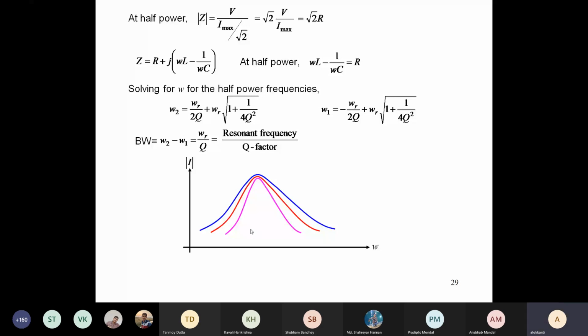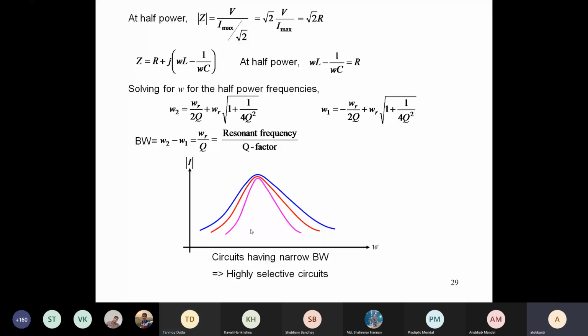Circuits having very narrow bandwidth, meaning the difference between omega 2 and omega 1 is very small, are known as highly selective circuits. Q value is very high, and the quality factor will be high for those circuits. So that is the concept of resonance.